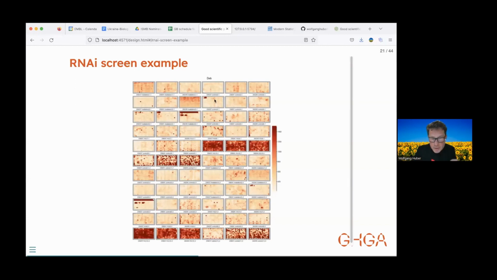Altogether, this is a genome-wide screen: multiply 60 times 384, and each well corresponds to a different RNAi treatment for a gene. I think what we measured here was the response of a certain cell line to those tens of thousands of different RNAi treatments.